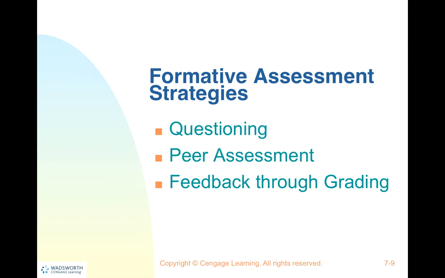So relating to students and helping them understand and work through different types of questions. Now, peer assessment is where they can be able to do self-assessment. Oftentimes students are more receptive to their peers' feedback in helping them understand how they can do a little better in certain tasks.